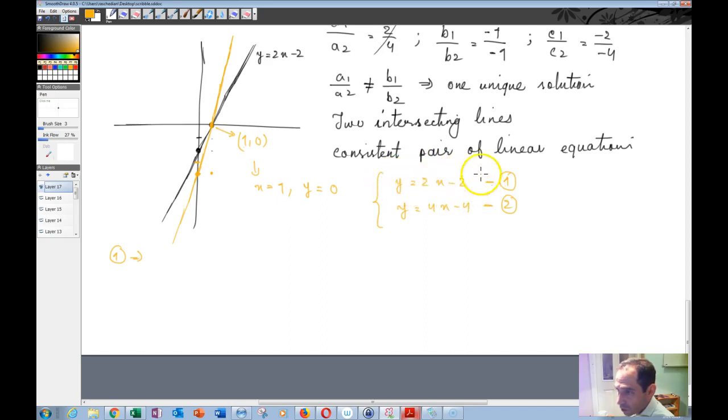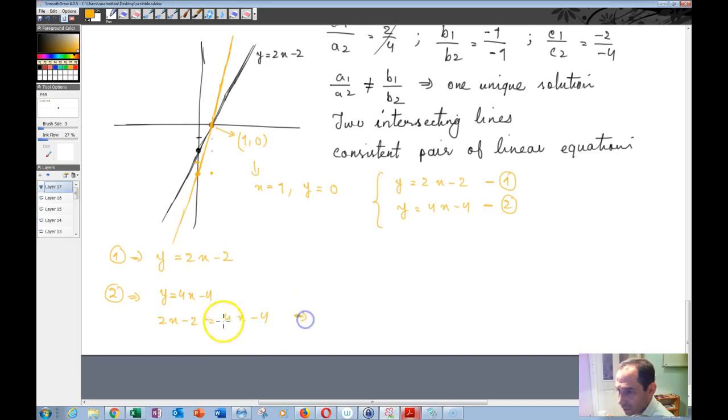You know that y is equal to 2x minus 2, so y in terms of x is y is equal to 2x minus 2. And so I can take equation number 2, and instead of y, I can write y in terms of x, which is 2x minus 2. So your equation is y is equal to 4x minus 4. Instead of y, I can write 2x minus 2, which is equal to 4x minus 4.